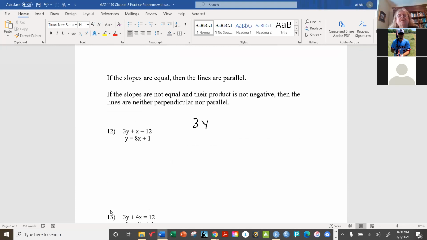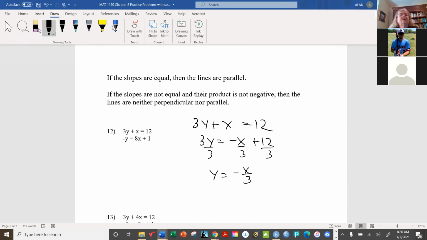So if we have 3y plus x equals 12, we want to get rid of this x, and then we'll divide out by 3. So ultimately, we have negative x over 3, or let's write it as -1/3 x plus 4.